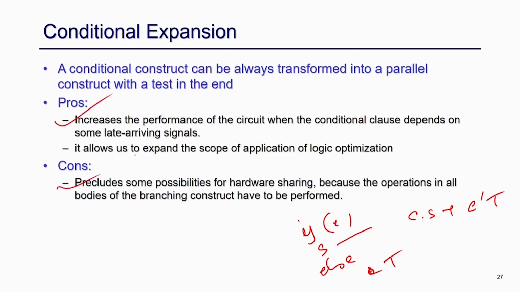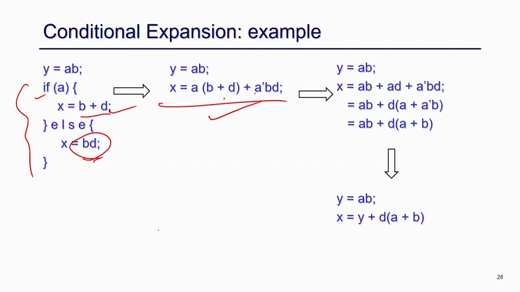But the disadvantage is that earlier in hardware I have to do either this or this, I do not have to do both, right. Suppose this is B plus D and this is B minus D, probably I can use the same ALU which can do plus or minus to do both the operations, right, because they are mutually exclusive operations, either this will be executed or this will be executed. So, in hardware I can share a resource for this, right.